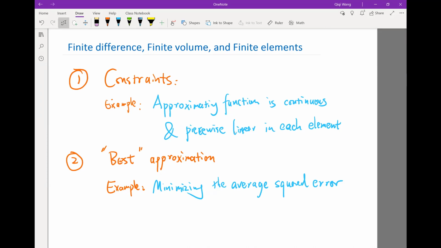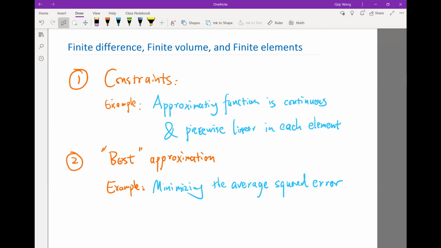Or you can still require the function to be continuous, but piecewise quadratic as opposed to piecewise linear. You also might have different ways to formulate what you mean by a best approximation, right? You may minimize the average squared error. You may minimize the averaged squared derivative of the error or something like that, right?